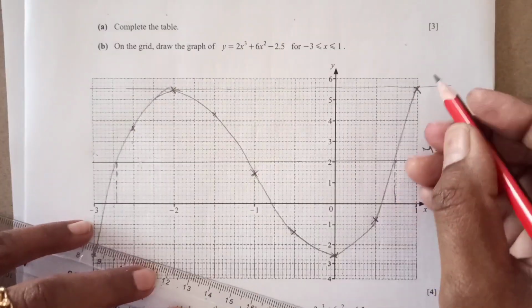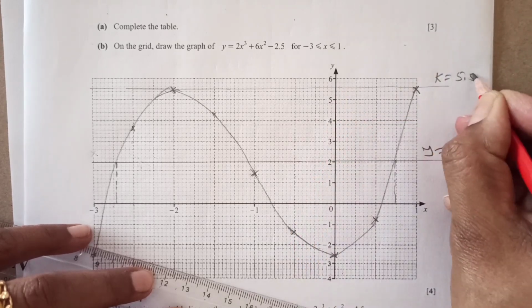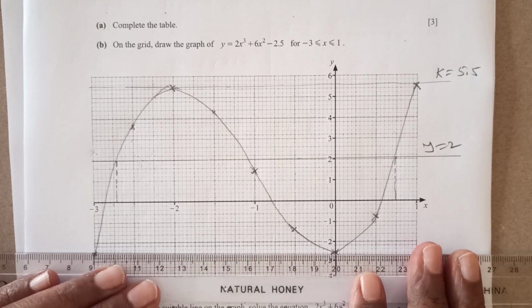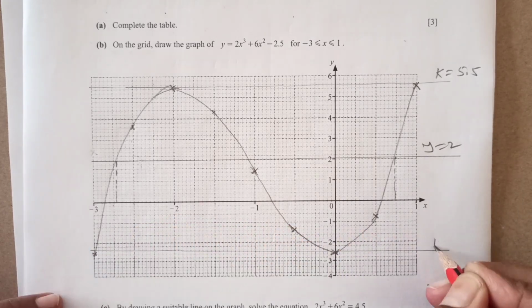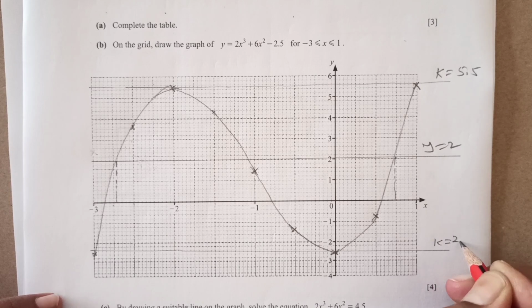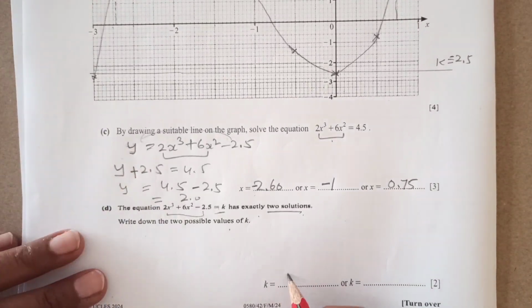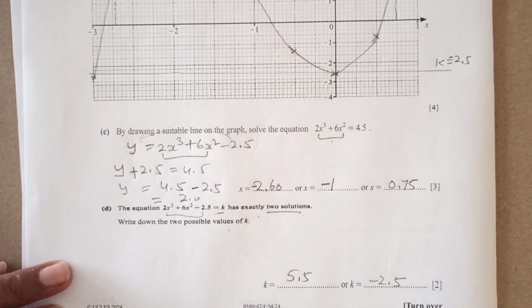So this is maybe k equals, you can say nearly 5.5. Another one will be going here, the turning point, so this point and this one, here k is going to be negative 2.5, right? So the values of k are 5.5 and negative 2.5. Okay.